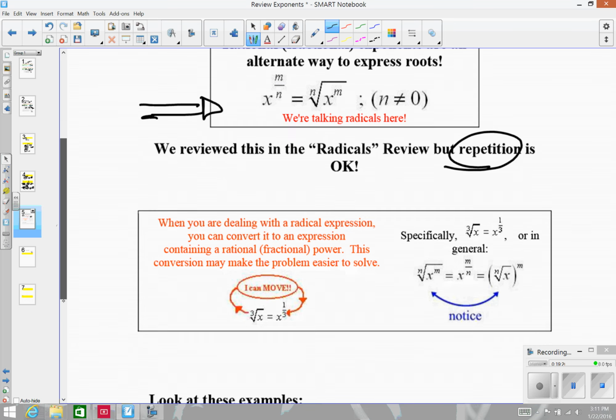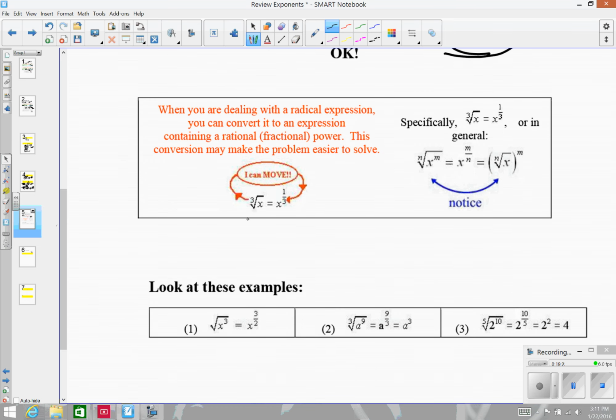that's okay. Looking at it again, just to review, if I have something that I'm taking the cube root of, I can rewrite it as x to the 1/3 power. And notice what happens up here. Also, any index that I have becomes a denominator of my exponent.